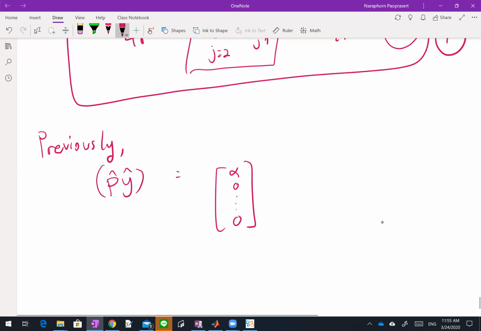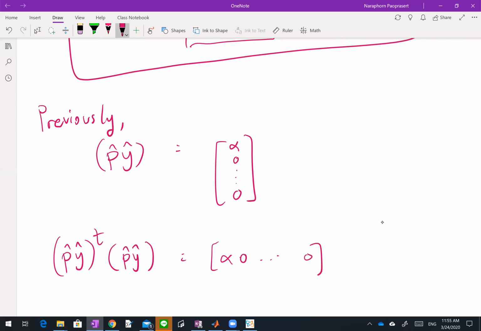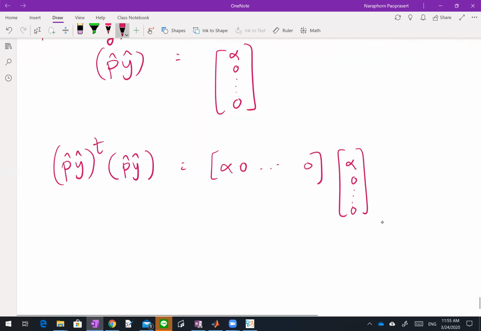So if you square both sides, and in order to square both sides of a vector, it's going to be something like this: p hat y hat transpose times p hat y hat. And this is going to be equal to alpha, 0, 0, 0, 0, 0 transpose times alpha, 0, 0, 0, 0. So you have to be concerned about the direction too.